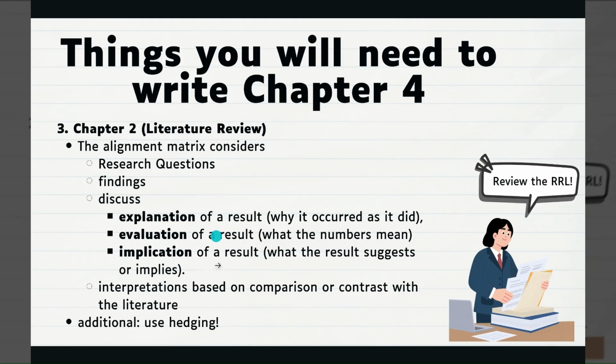So take note of the distinctions of each particular concept. When we say explanation, we're trying to answer the question why this finding occurred as it did. So you try to give a cause. Evaluation of a result is all about meaning making. Remember, the data does not speak for itself.